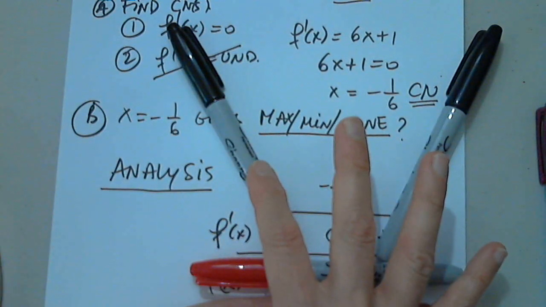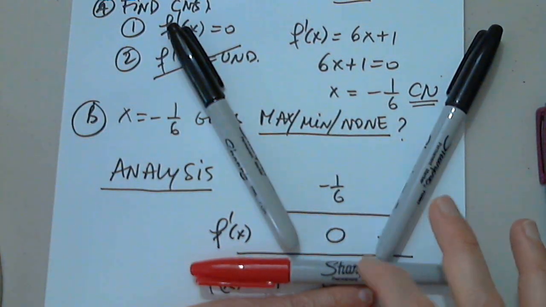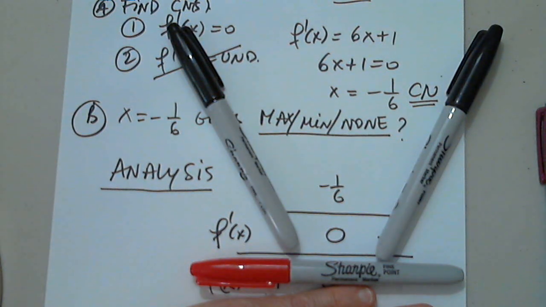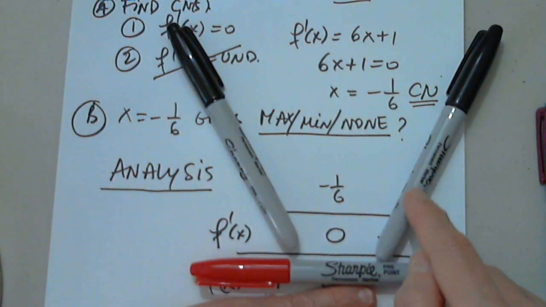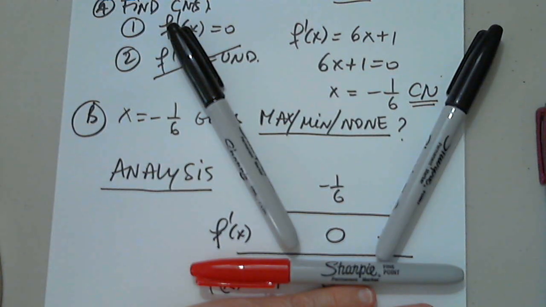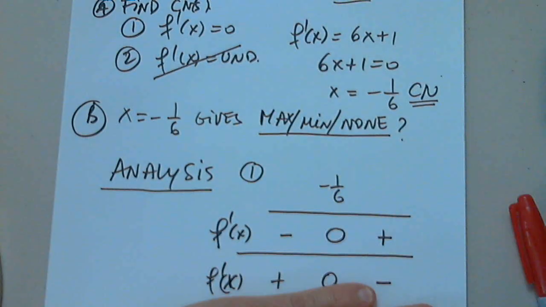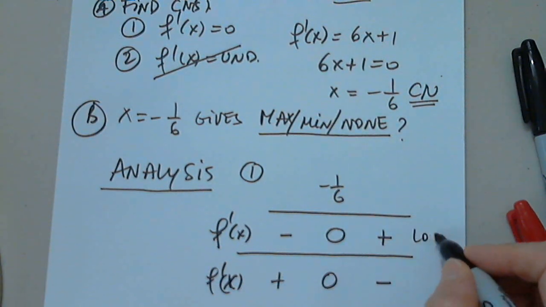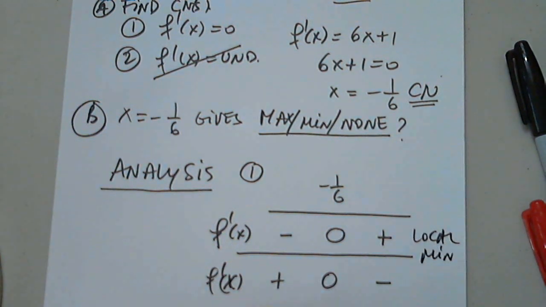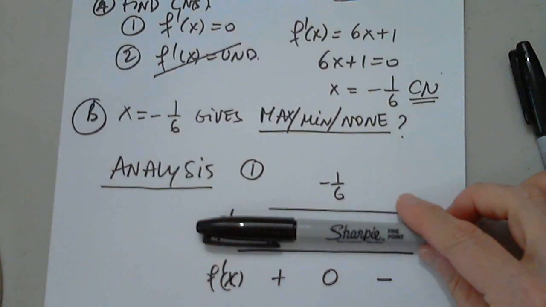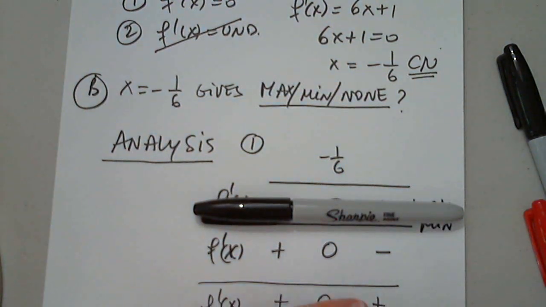The first derivative, negative slope, 0 slope, positive slope. A local or absolute min. Excellent. So this is a local min. Forget about this one.